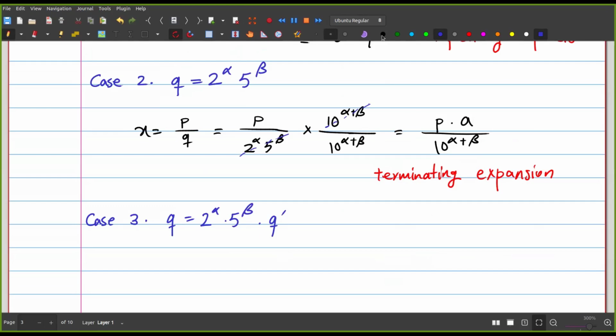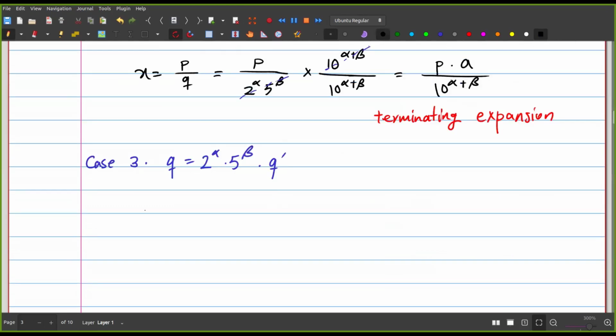So again, I'm doing the same thing. I'm saying that X is P over Q, right? So this is P over 2 to the power of alpha times 5 to the power of beta times Q prime. Okay, what do I want to do?